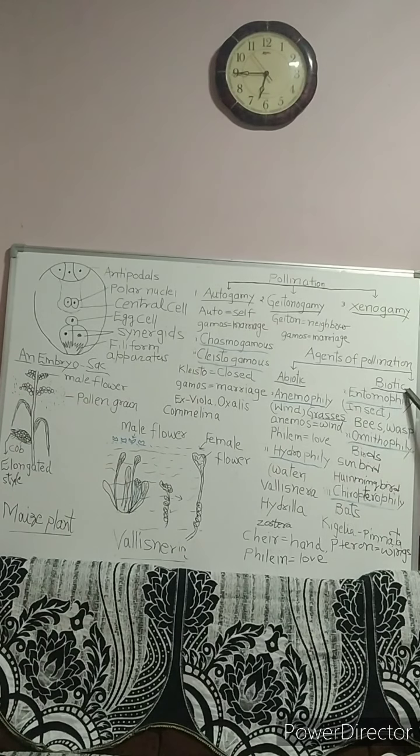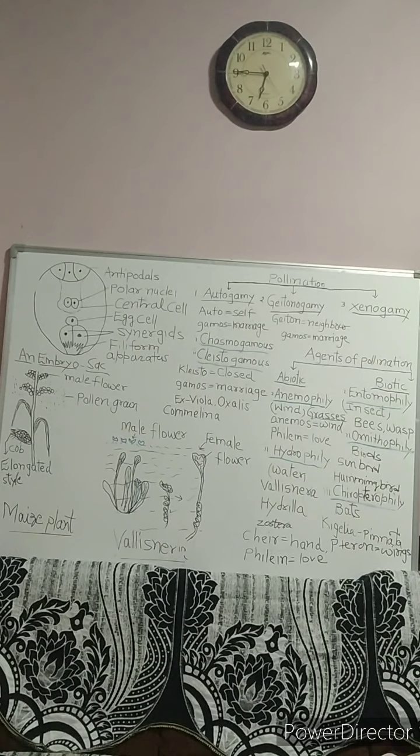Next is biotic factor. Bio means living. Biotic factors include insect pollinated plants. It is called entomophily. Entomophily means insect pollinated plant. These plants have petals of attractive shape.